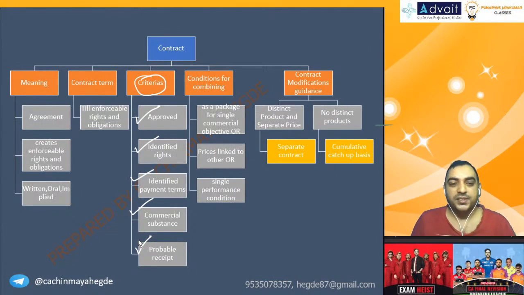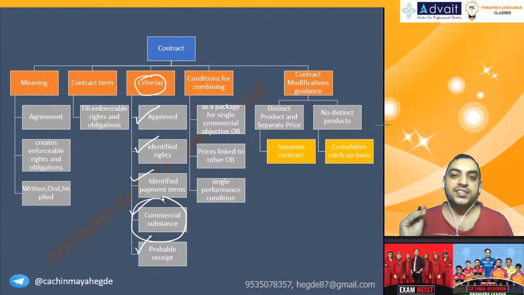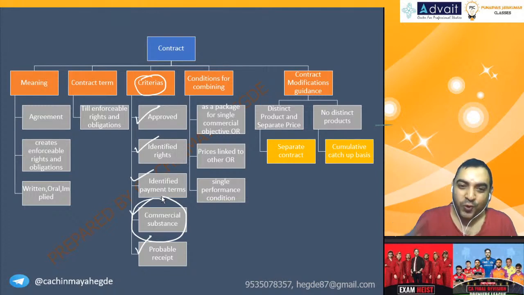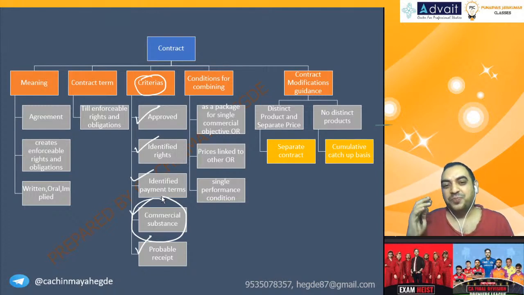That's the prudence principle. Now regarding commercial substance, this point is there in Ind AS 16 also, exchange of goods. This point is there in Ind AS 38 also, intangible assets. This point is there in Ind AS 40 also, exchange of assets. Commercial substance is basically applicable for barter transactions.